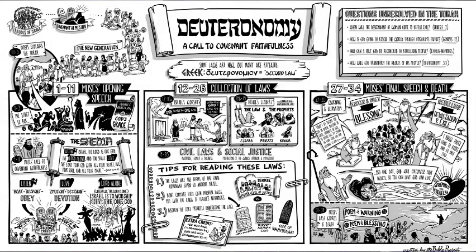And third and finally, what was the covenant made in the land of Moab? The majority opinion posits this covenant as a renewal of the Sinaitic covenant made nearly 40 years before with the first generation.